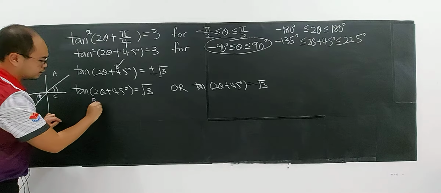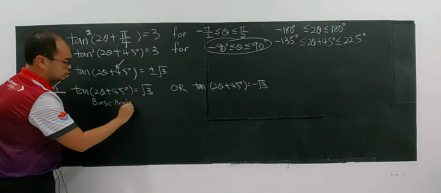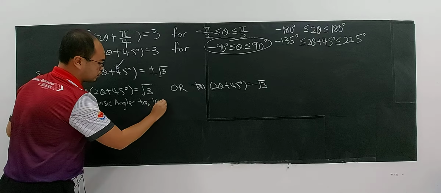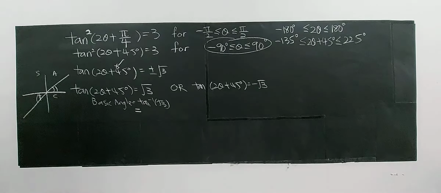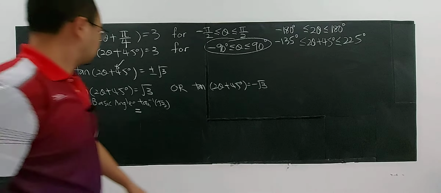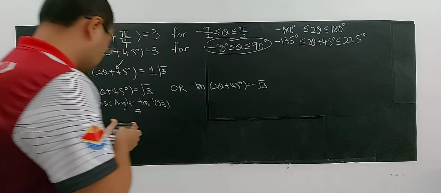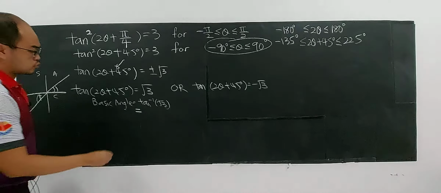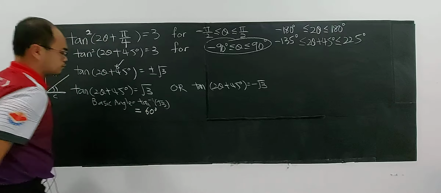Using the calculator, arctangent of the positive value, square root of 3, you get 60, because tangent 60 is square root of 3. So your basic angle is 60.